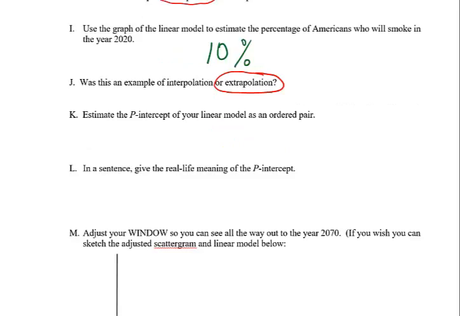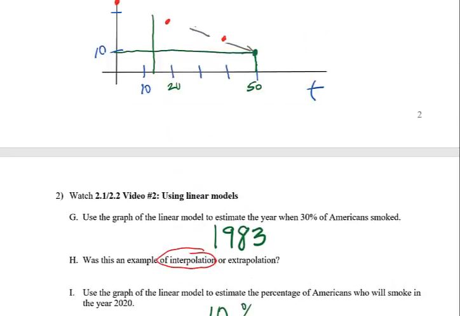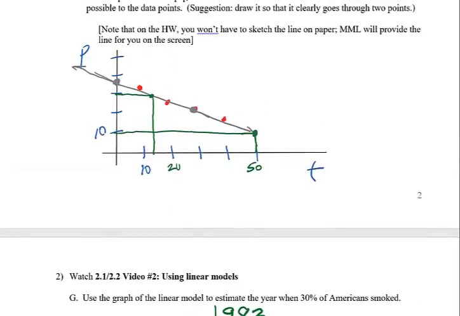Let's go on to letter K. Estimate the P-intercept of your linear model as an ordered pair. Well, we'll go back up to our gray line. P-intercept simply means the spot where the gray line hits the P-axis. Well, I can see exactly where that happens. In fact, I don't even have to estimate it. Because we chose that first point as one of our points to connect the dots, I know exactly what point that is.